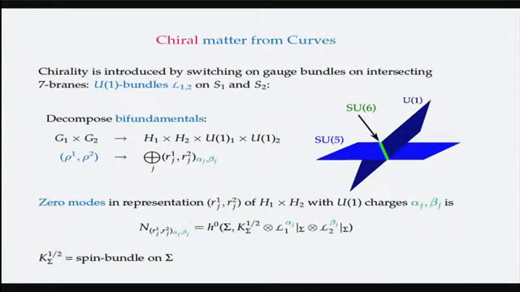We switch on some line bundles. We restrict them to, in this case, the curves, and have to count the zero modes of these twisted fermion fields that we discussed in this restricted theory.